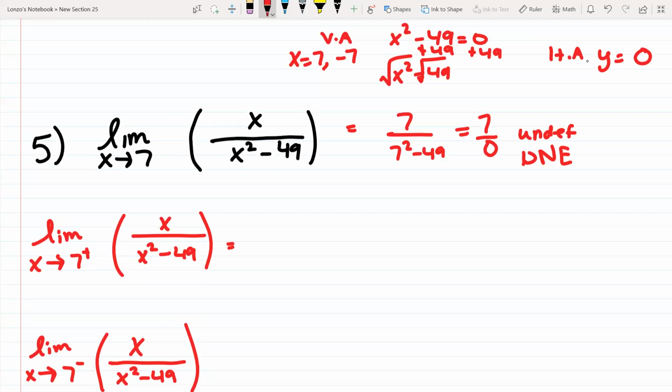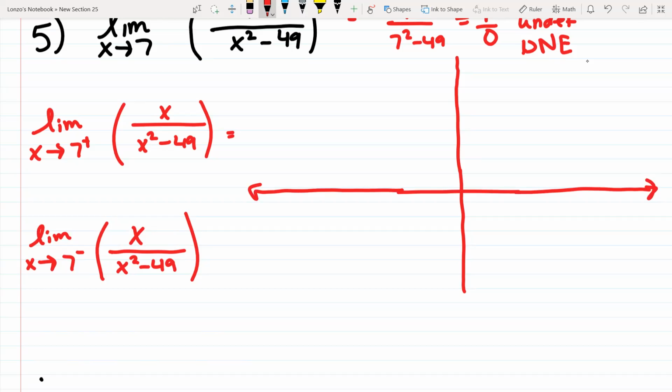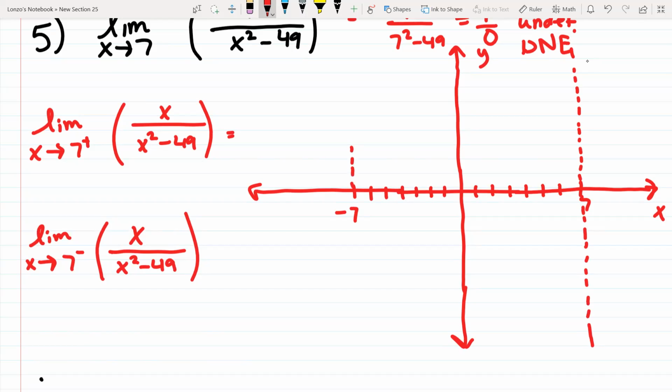So you could just put this in Desmos, but this is what the graph should look like. 1, 2, 3, 4, 5, 6, 7. 1, 2, 3, 4, 5, 6, 7. And then the vertical asymptotes.